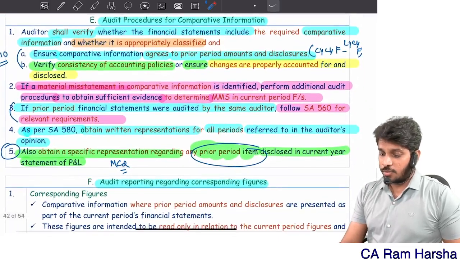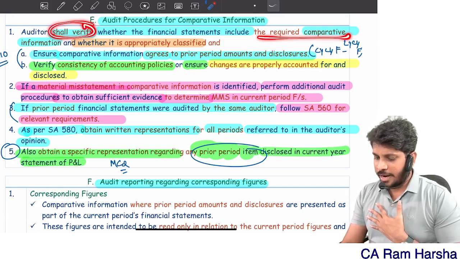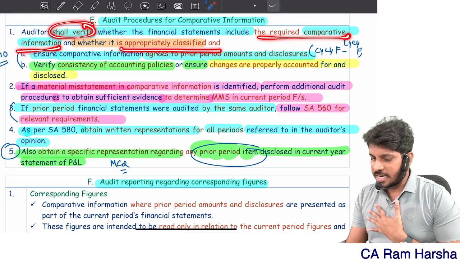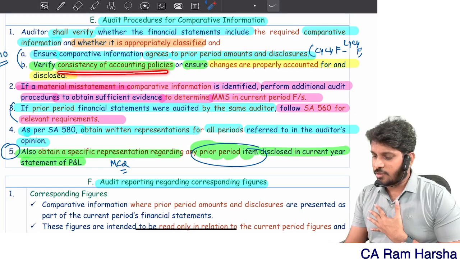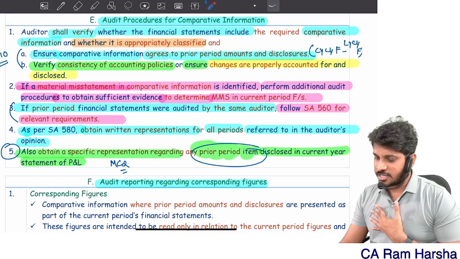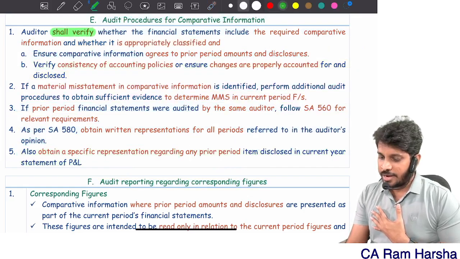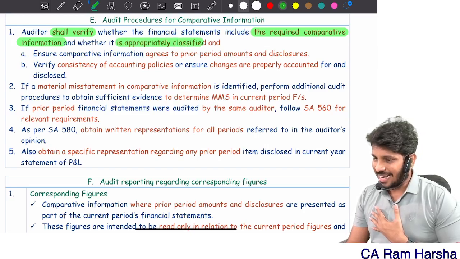So once again, what is the audit procedure for comparatives? Verify the required comparative information is appropriately classified and agrees to the prior period.